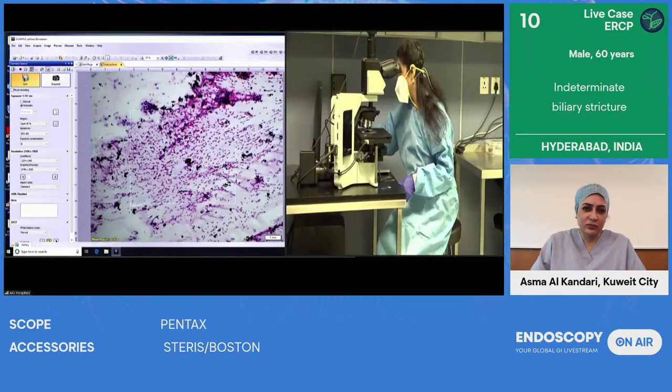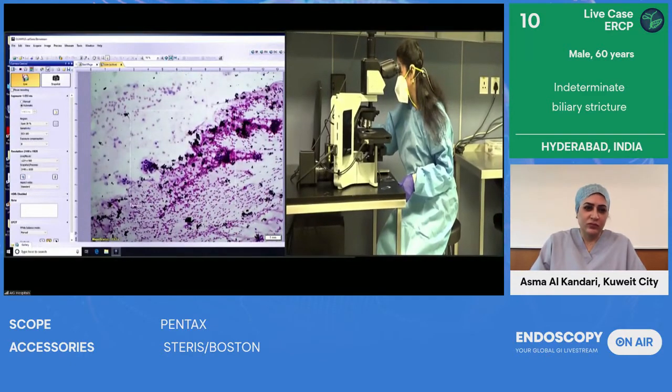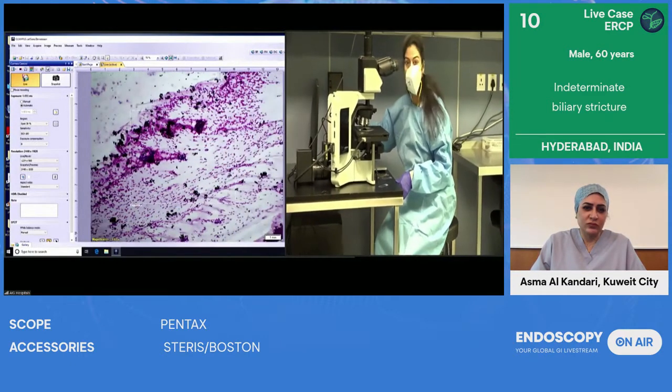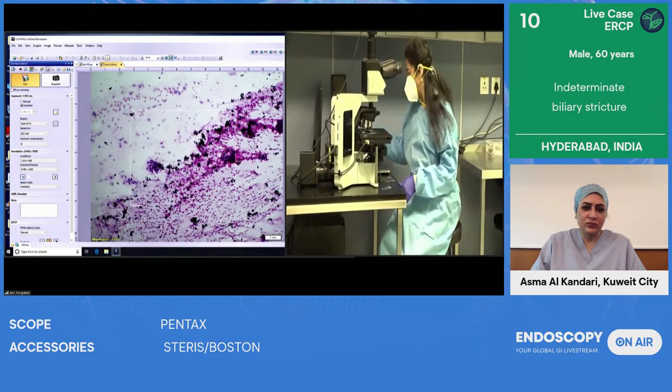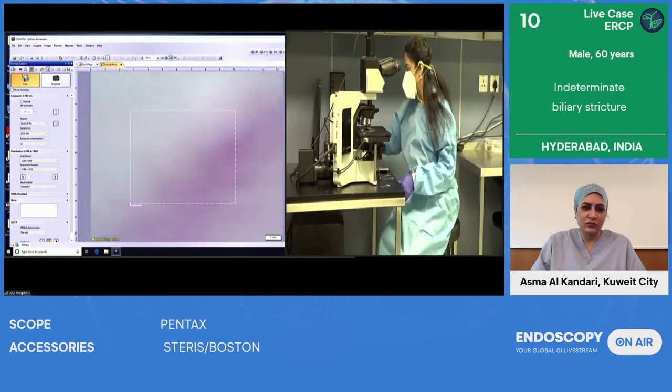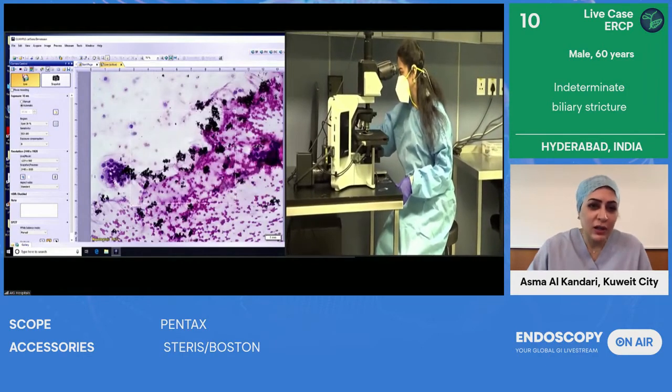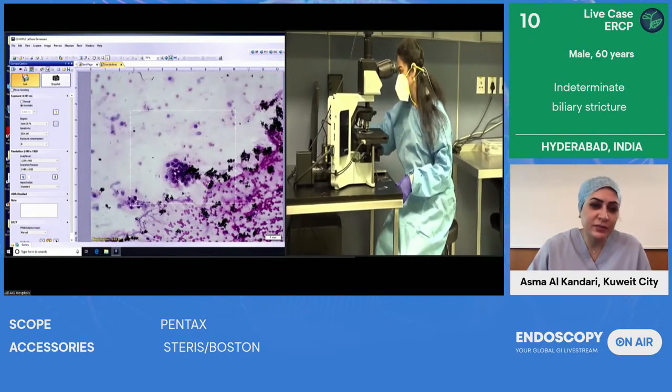Yeah, you can see the picture now that Anuradha is there. Asma, can you see the histology, cytology picture? Yeah, now it's clear.